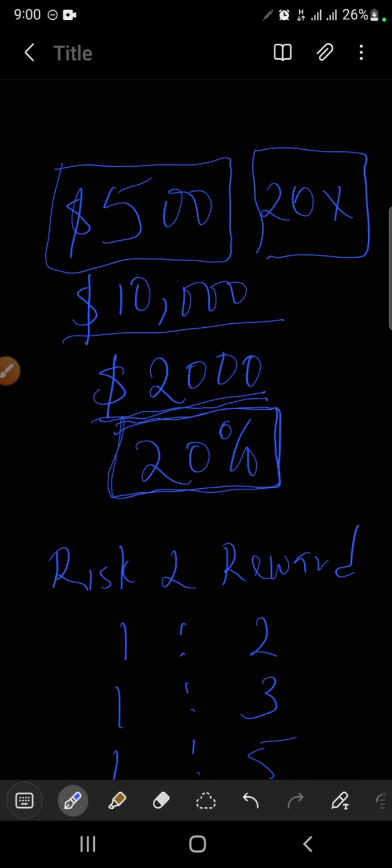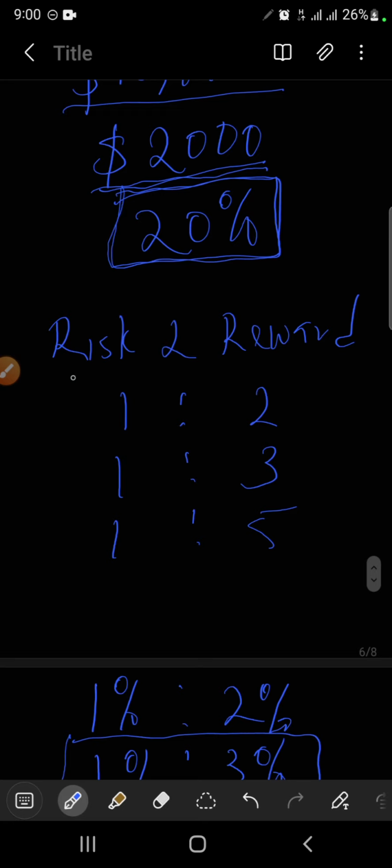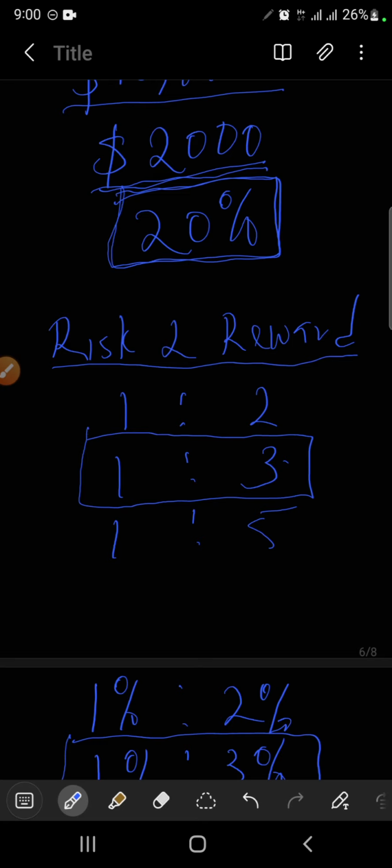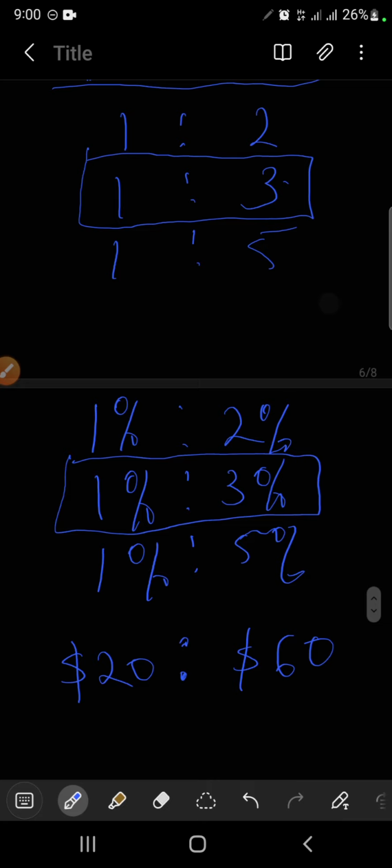Now the next thing you need to know is your risk to reward. How much are you willing to risk out of this $2,000? You can risk 1 to 2, 1 to 3, or 1 to 5. We recommend 1 to 3, but you can go for 1 to 2 or 1 to 5, depending on your trading skill. With 1 to 2, you're willing to lose 1% and gain 2%.